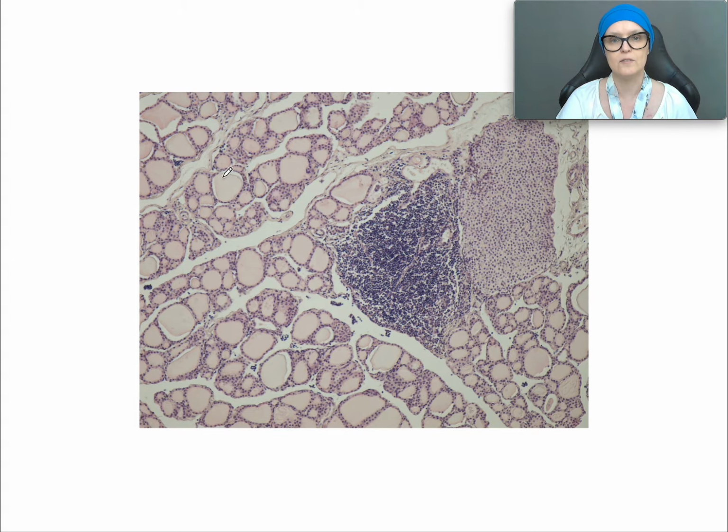Name the cells, the wall of the sphere, thyroid follicle cells, and name the substance of interest inside the thyroid follicle, thyroglobulin. Name this and this, two parts of the same organ. So name this organ, parathyroid gland, and name these cells, chief cells. Excellent.